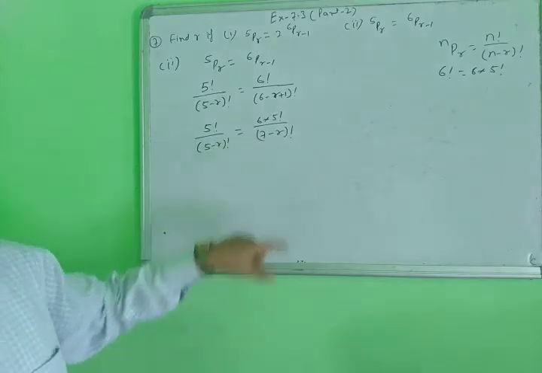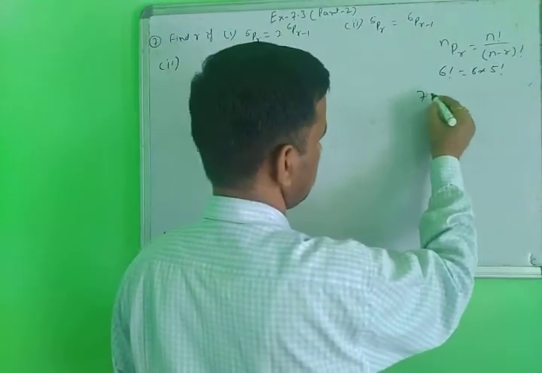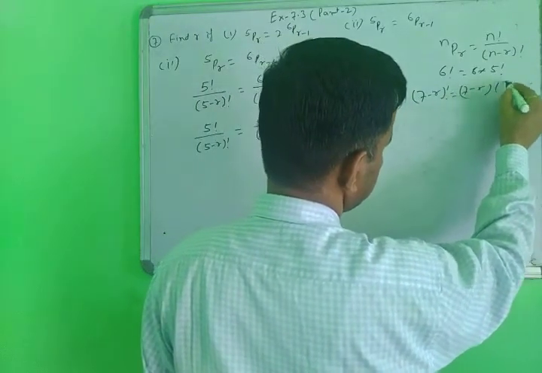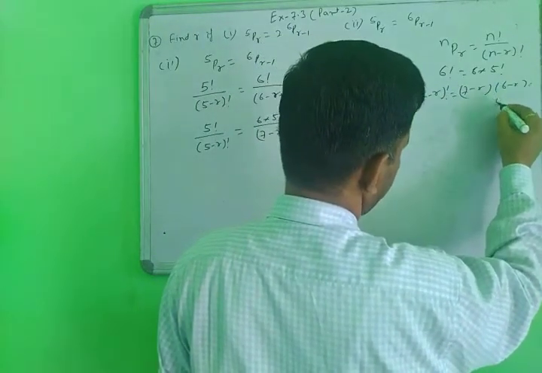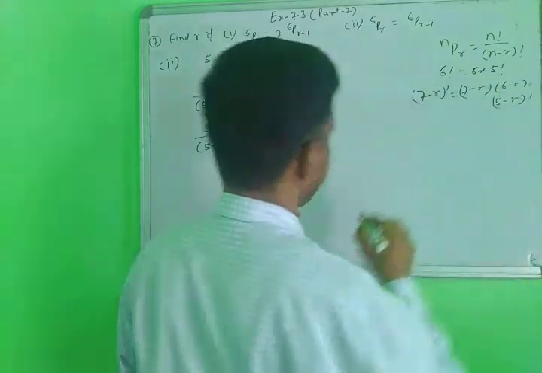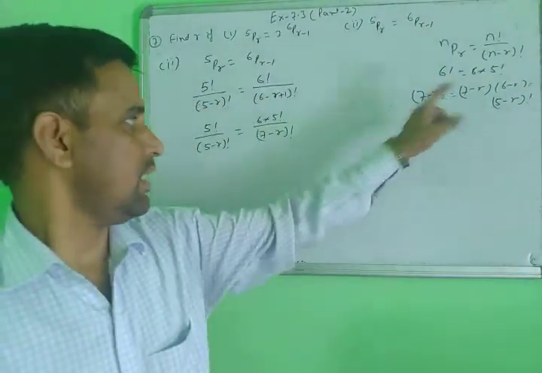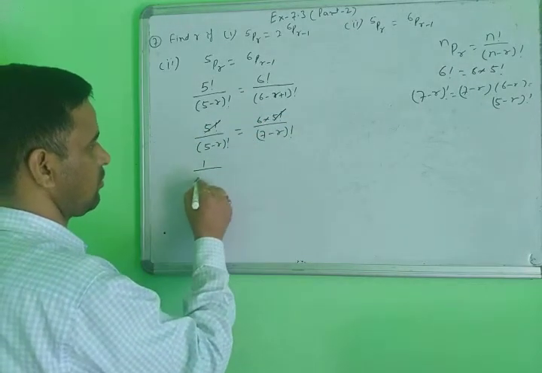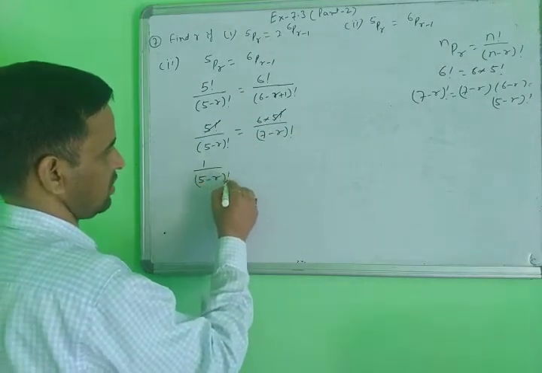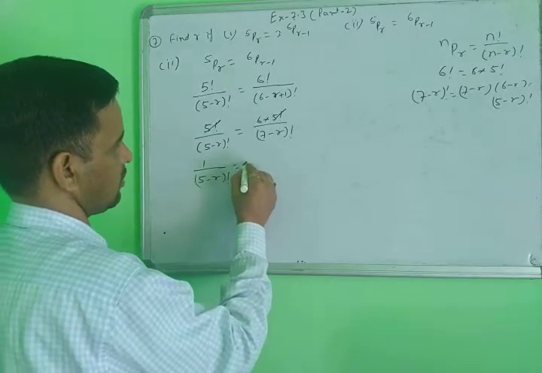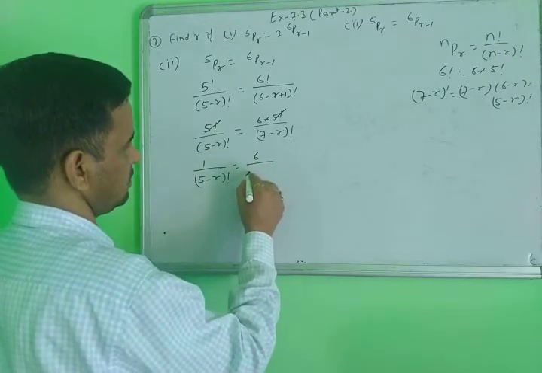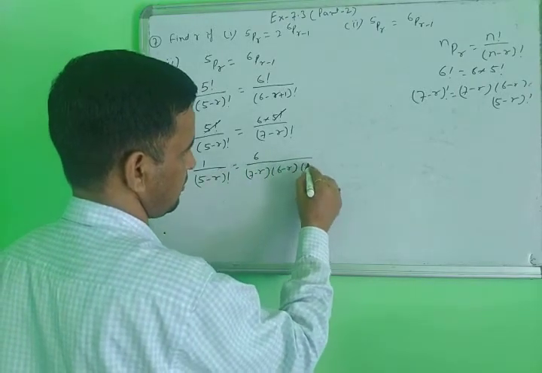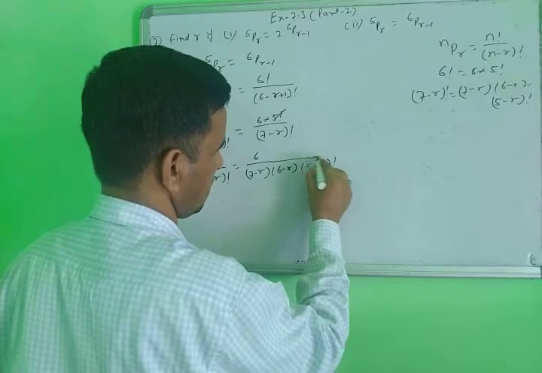Same thing here, factorial 7 minus r or 5 minus r factorial. Make it like form: break down 7 minus r factorial as 7 minus r, 6 minus r, and 5 minus r factorial. You break this down to the simplest form, then factorial 5 cancels, 1 upon 5 minus r factorial equal to 6 upon 7 minus r, 6 minus r, and 5 minus r factorial.